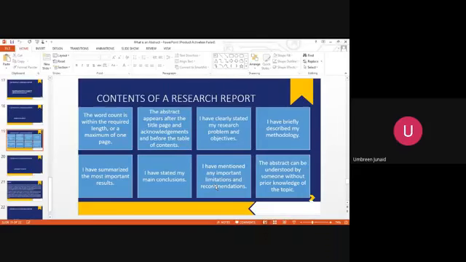Basically, if no one gives you a limit of word count, no one gives you the required length, no one gave you a word count maximum, then what you have to do is follow the one page abstract. This shouldn't go more than one page.